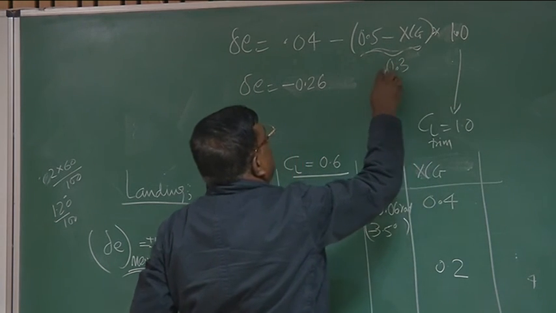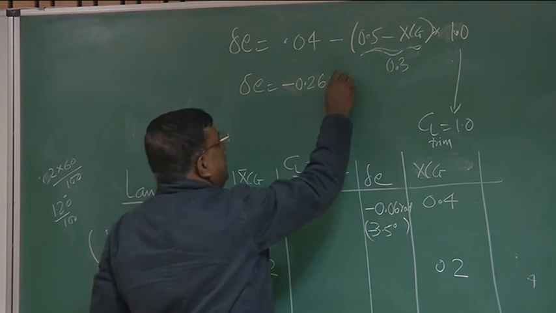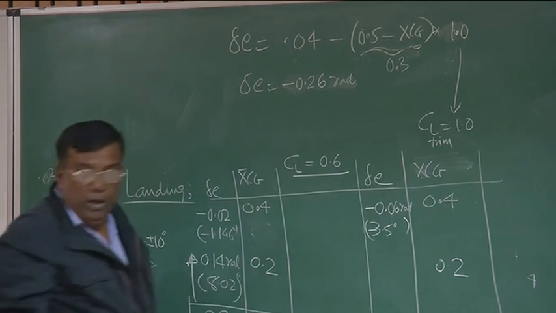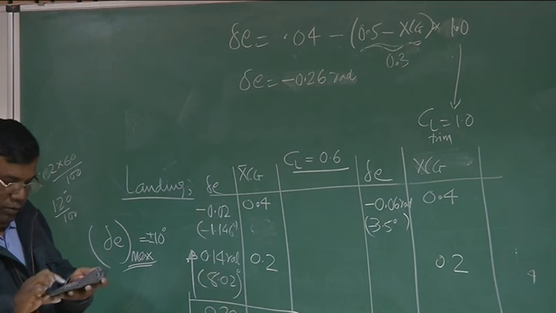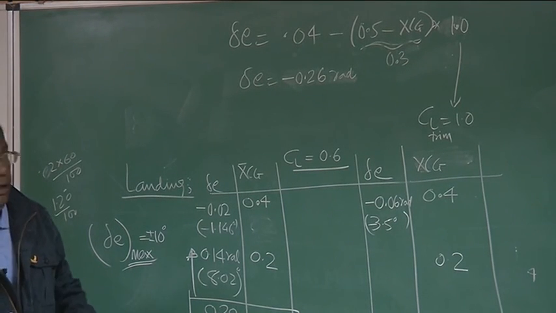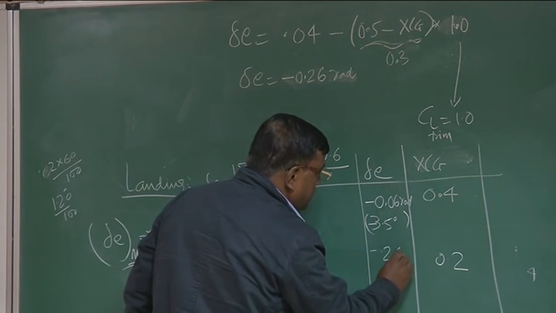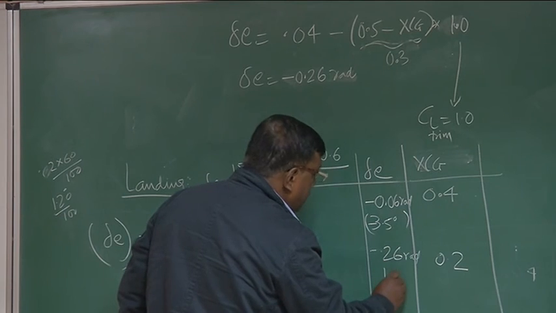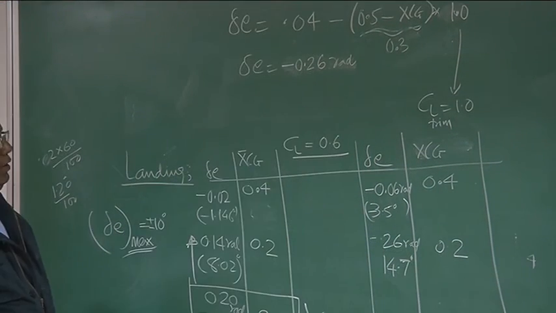So minus 0.3 plus 0.04 is minus 0.26. Again, this is radian, and 0.26 radian means, again I check, 0.26 into 57.3 equal to 14.8 degrees. So this is minus 0.26 radian, and this is 14.7 degrees roughly.